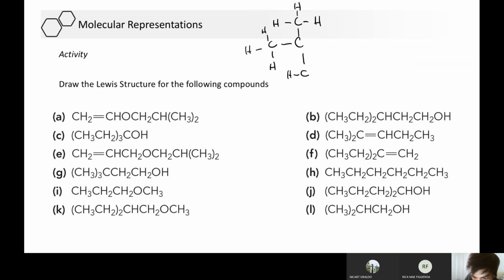Third CH3. Tapos, yung carbon na to, nakadugtong sa carbon ulit. Then, may dalawang hydrogen na nakadugtong doon sa carbon na yon. Then, the rest is CH2, OH.